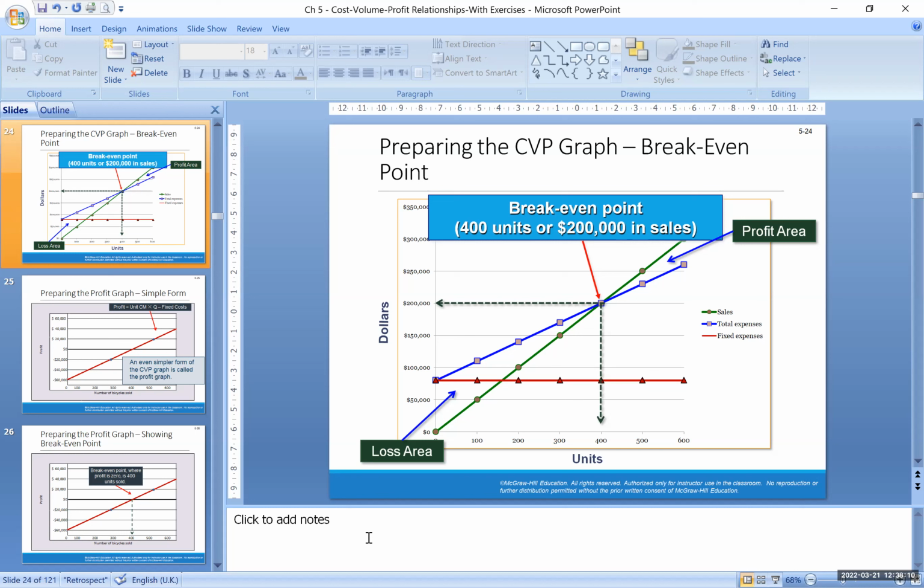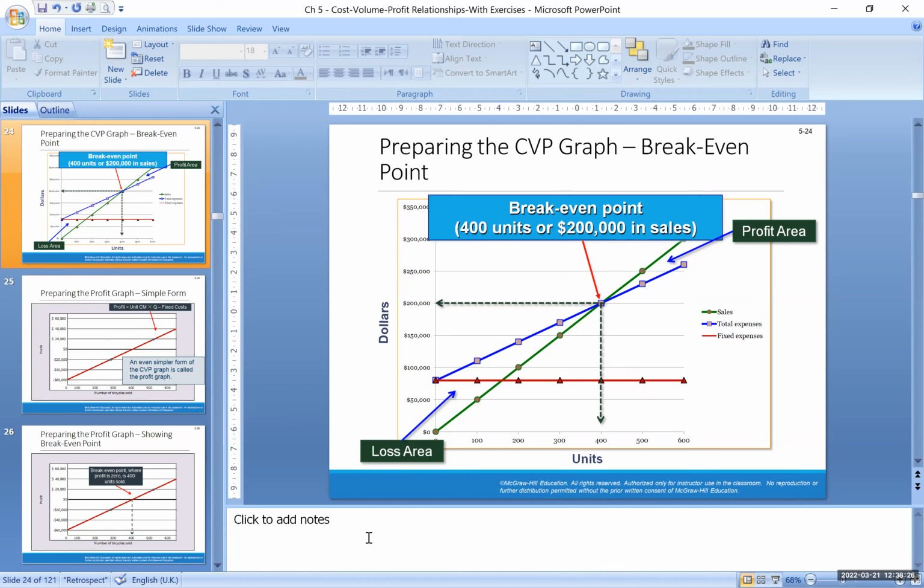This is 400 units times the price, which is $500, and this equals $200,000. The break-even point can be represented by units or by a dollar amount.